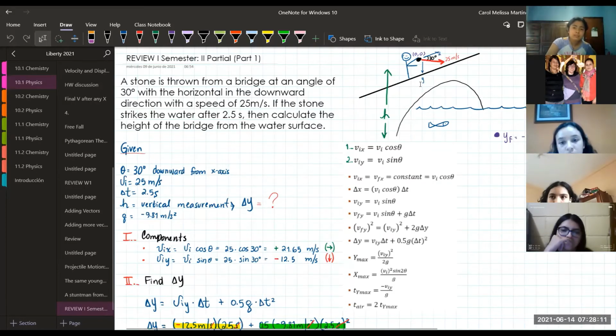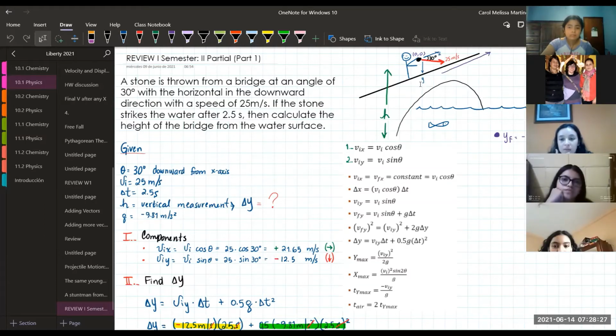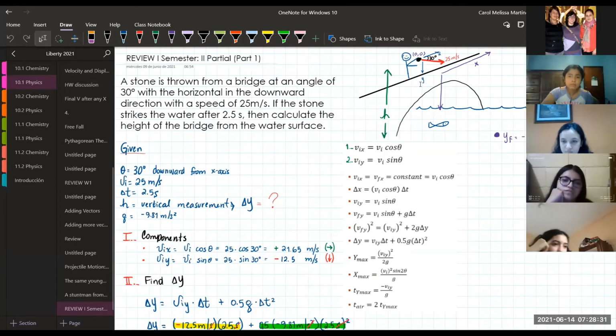Because the way I drew the sketch, as you can see, it is kind of inclined. So I say that this parallel line represents my x position, and this vertical line represents my y position.